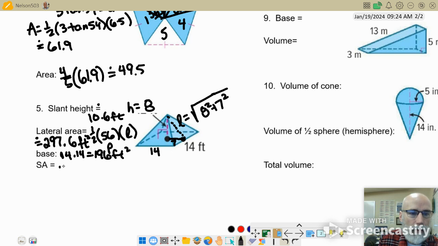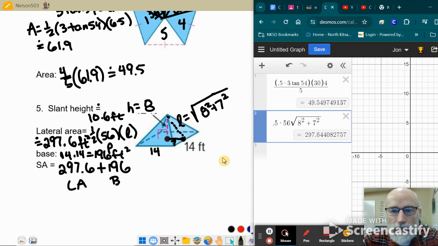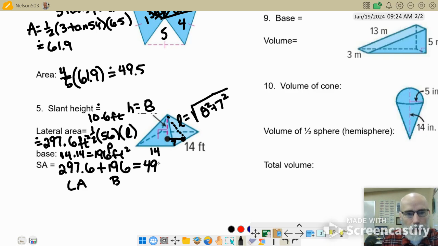So we go 297.6, that's my lateral area, plus the 196. So this is LA, this is the base. I tack on 196 over here, and I get 493.6 square feet.